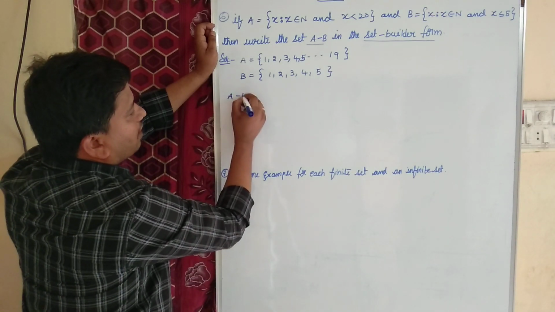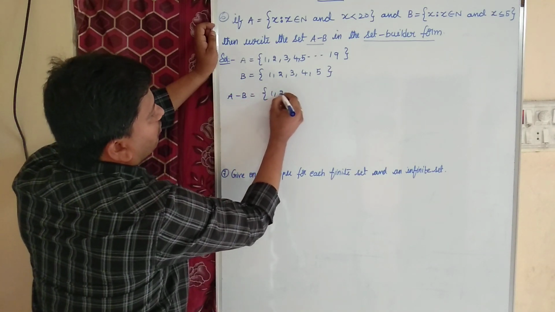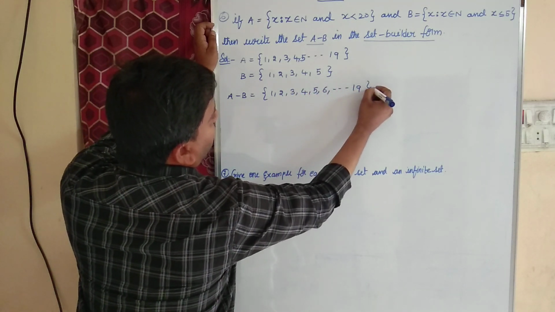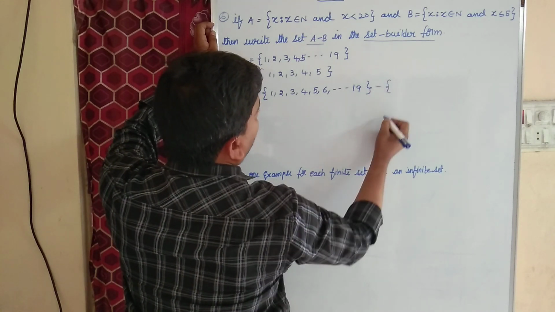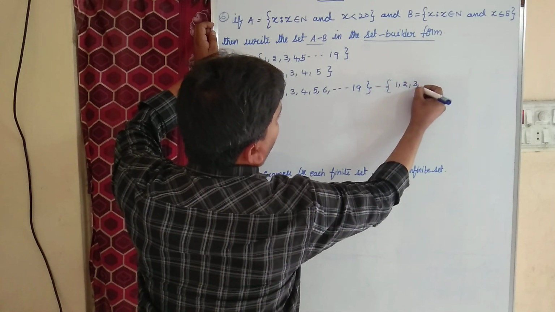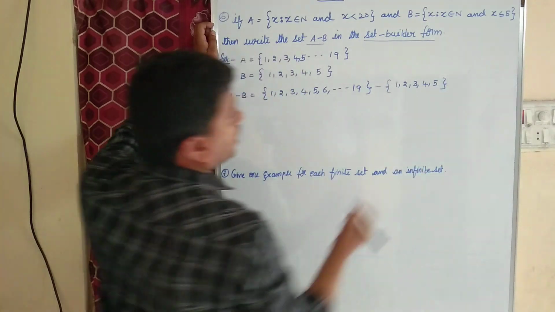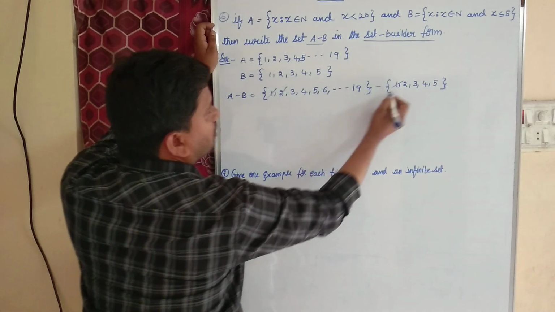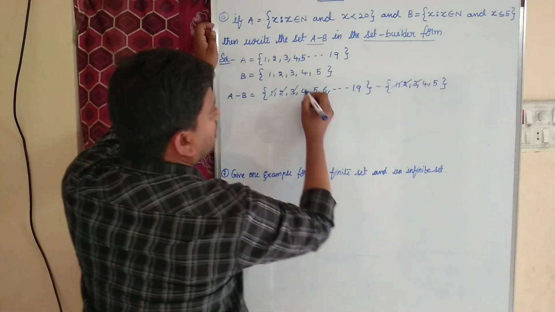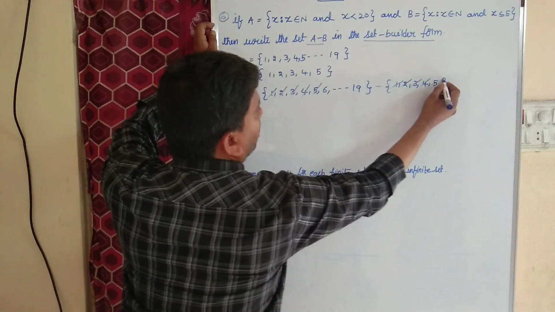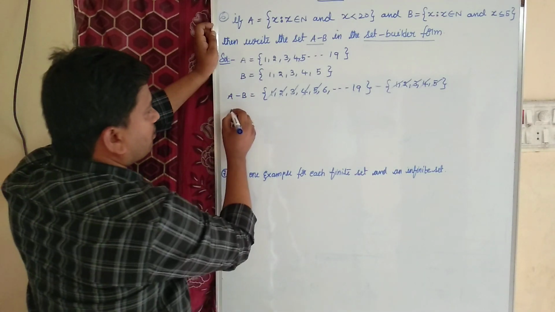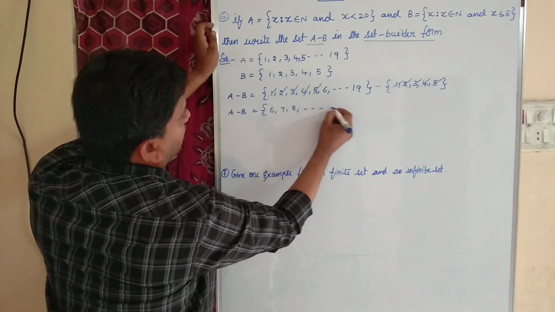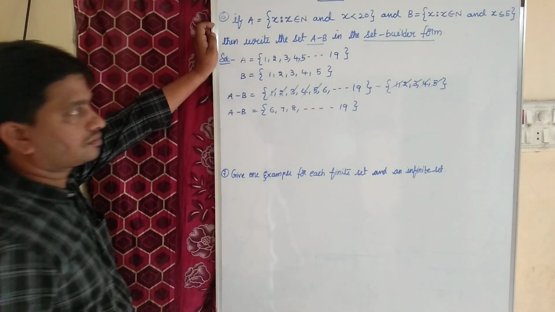Okay, first let us find A minus B. A is 1, 2, 3, 4, 5, 6 up to 19, minus B, which is 1, 2, 3, 4, 5. 1 cancel, 2 cancel, 3 cancel, 4 cancel, 5 cancel. The remaining elements are 6, 7, 8 up to 19.